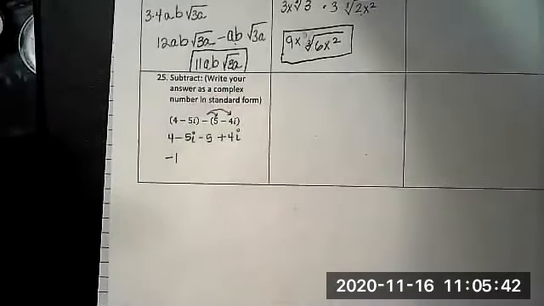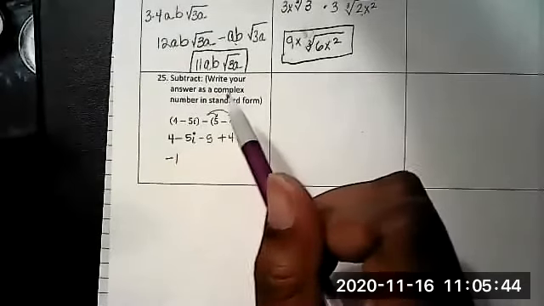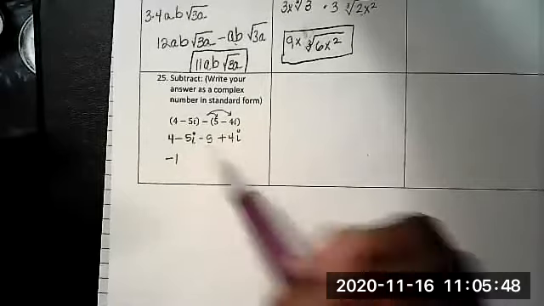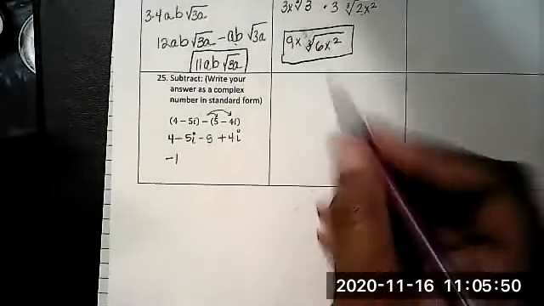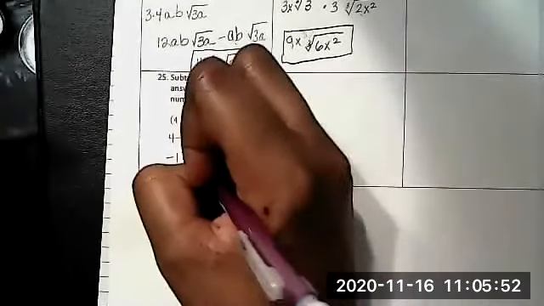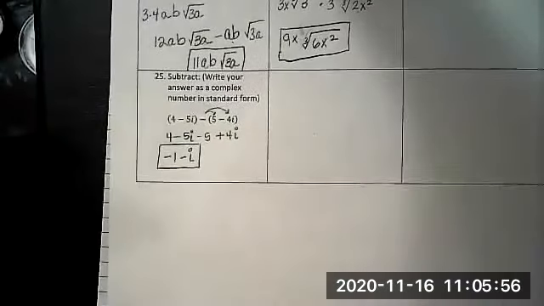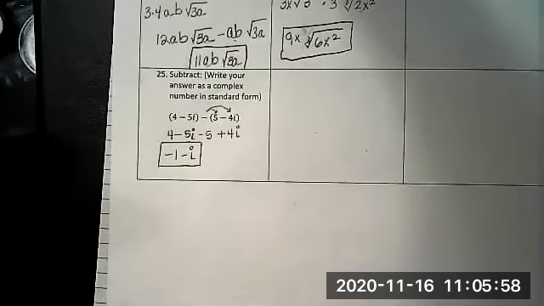Okay, so the number goes first. That's in standard form. And then negative 5i and positive 4i. Negative 5 and positive 4 become negative 1i, or minus i. Okay, so that is your answer for number 25. And this is your Unit 8 test review.